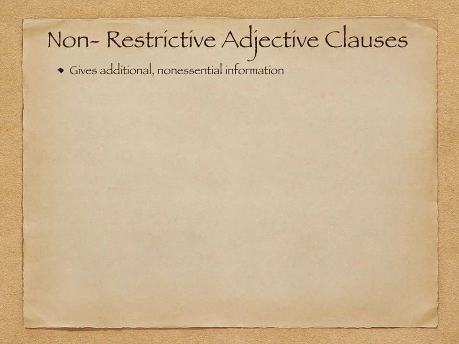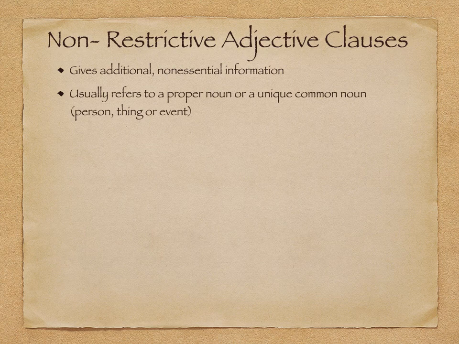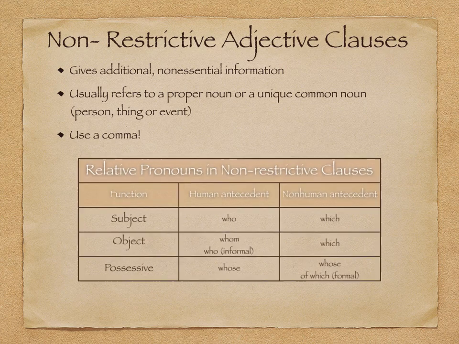And what that tells us is that the nouns that are serving as our antecedents are usually a proper noun. Think capital letters, names of people, places, things, or a unique common noun. In this case, you do use a comma to separate the non-restrictive adjective clause from the rest of the sentence.